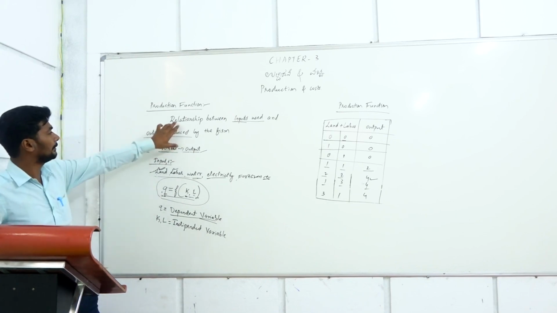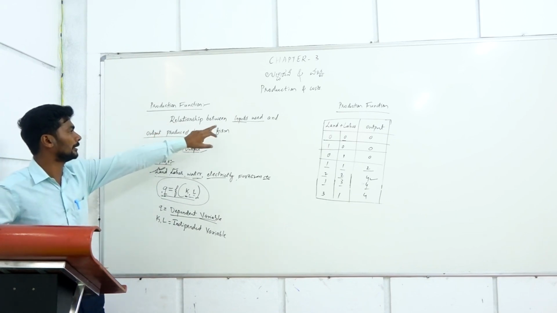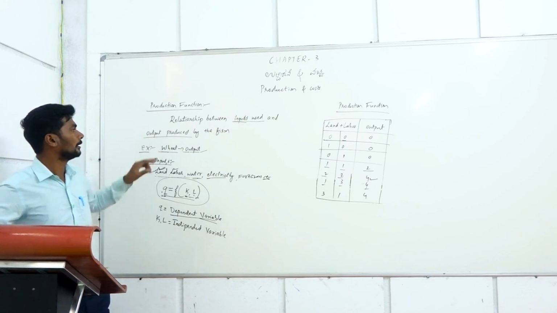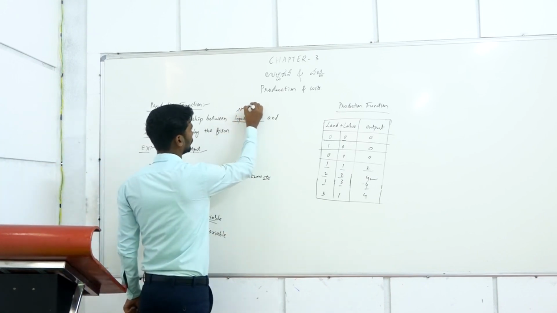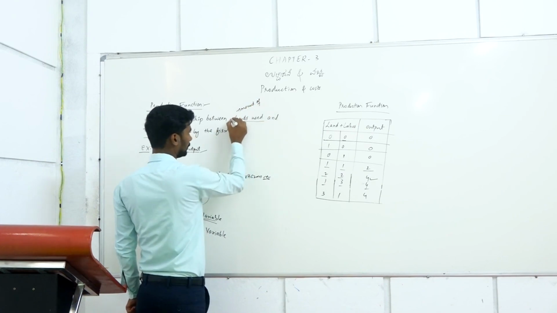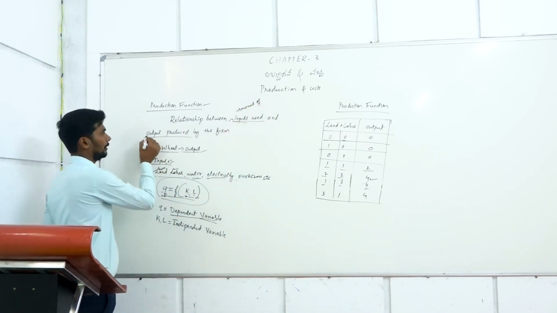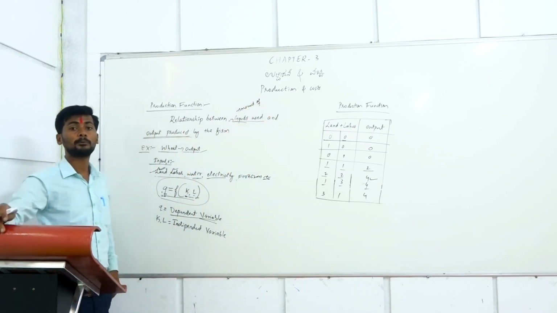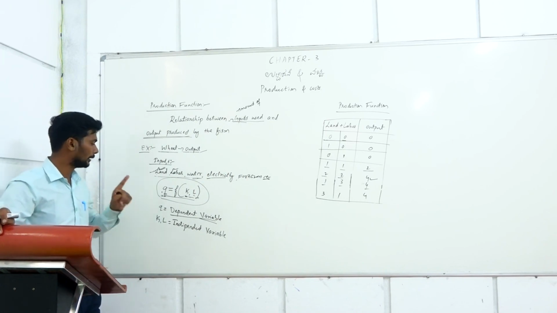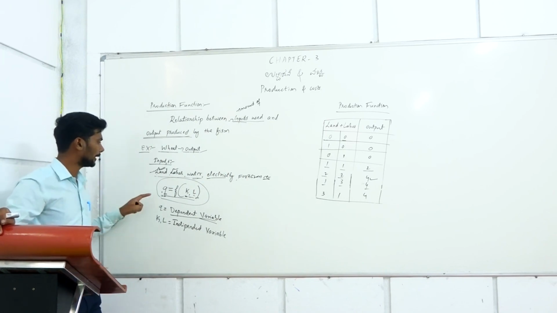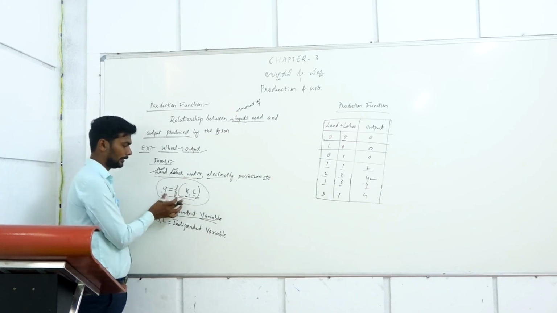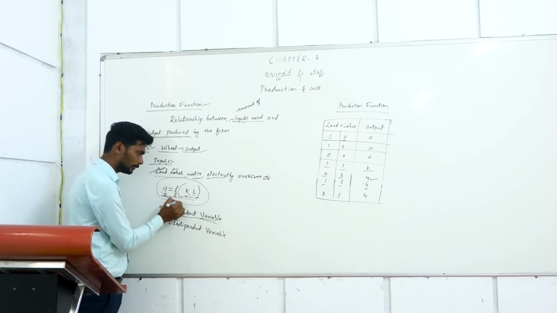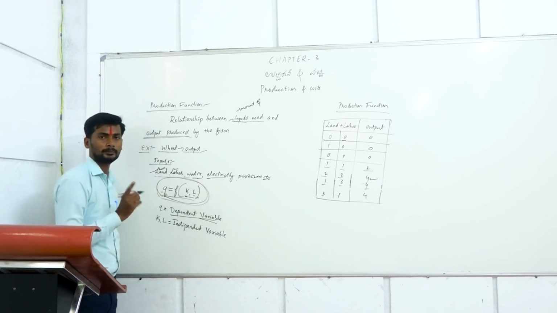So clearly you can see the relationship between the amount of inputs used and the amount of output produced. The important part right here is that symbolically I have shown it like this. This particular thing is called the production function.